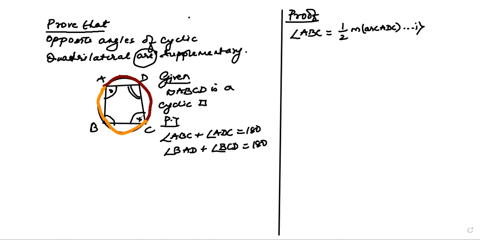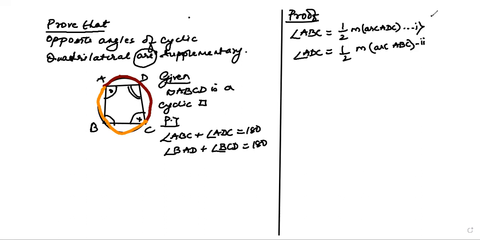So naturally, I'm going to use the inscribed angle theorem. So the measure of angle ADC equals half the measure of arc ABC, the yellow arc ABC. This is statement number 2.